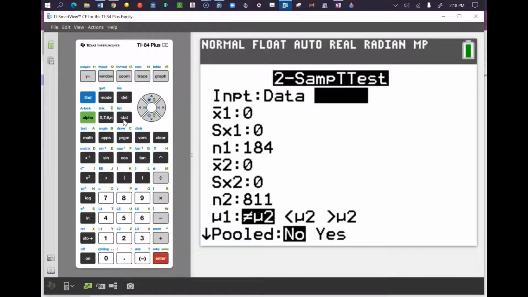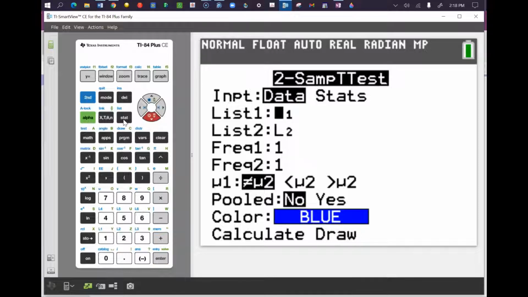I am going to use the actual data, so I select data. We do have to pay attention to which lists we have our data in and make sure that corresponds to the correct alternative hypothesis. I happen to have the generics in list 5 and the WC energy batteries in list 4, and I'm going to count each of those values once.